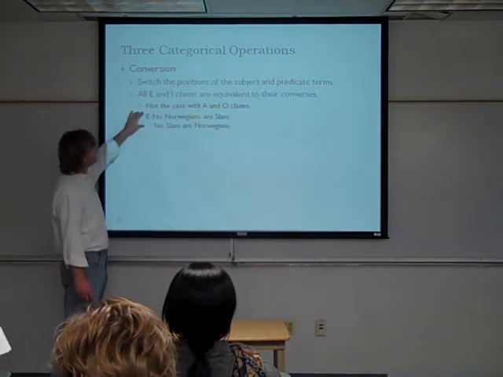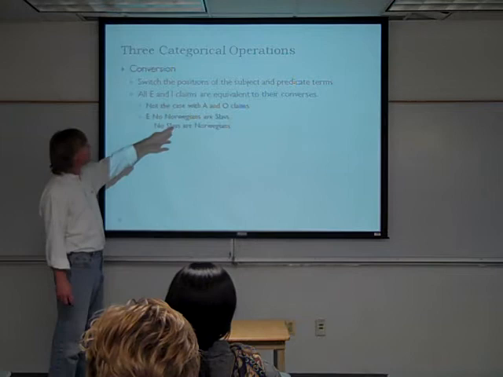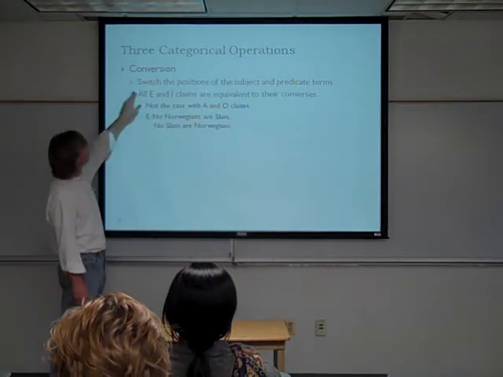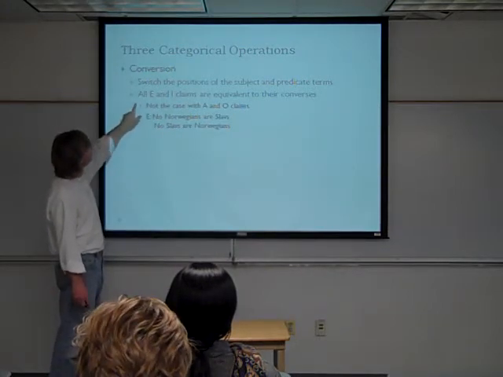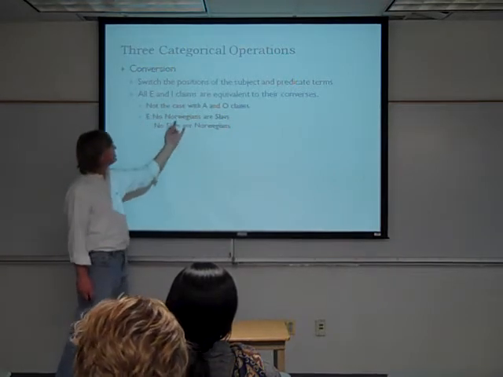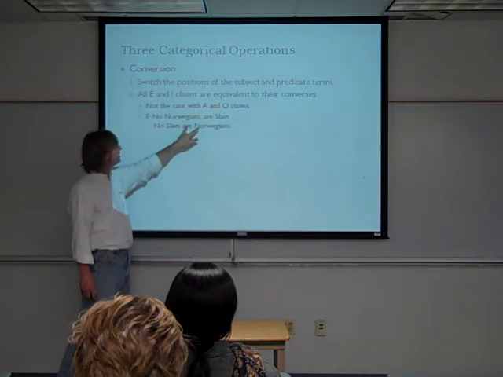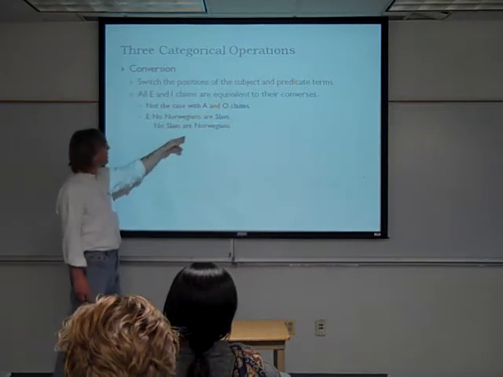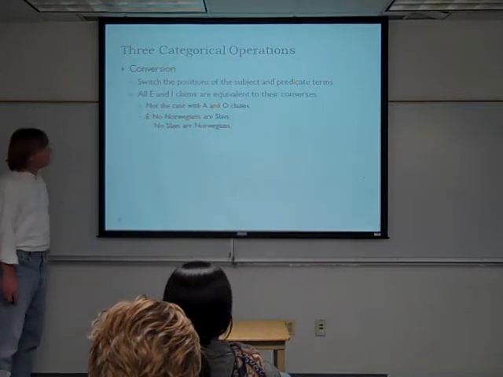We start with this E claim first. No Norwegians are Slavs. In order to get the converse, all we do is switch the positions of the subject and the predicate terms. So we switch Norwegians and Slavs around, and we get: no Slavs are Norwegians.